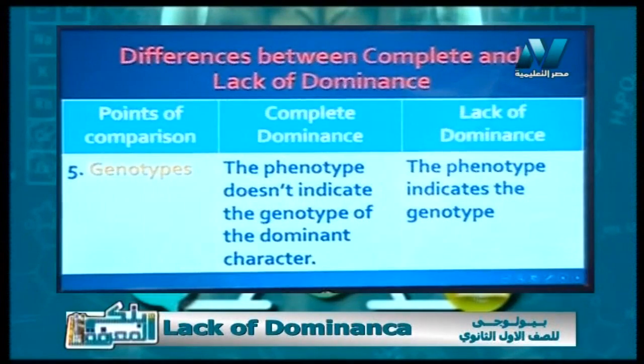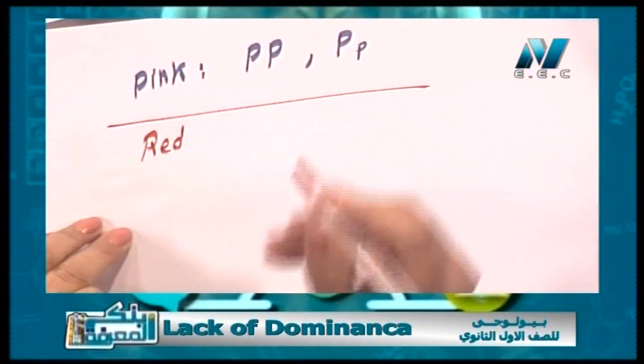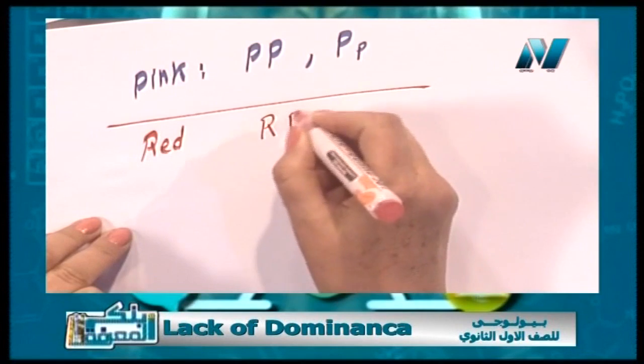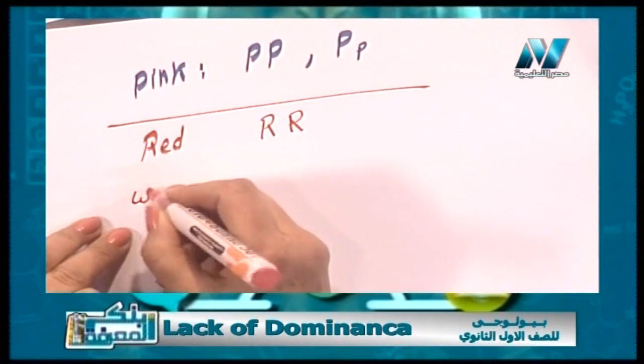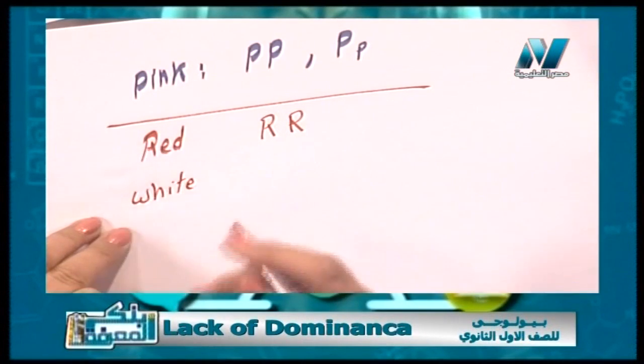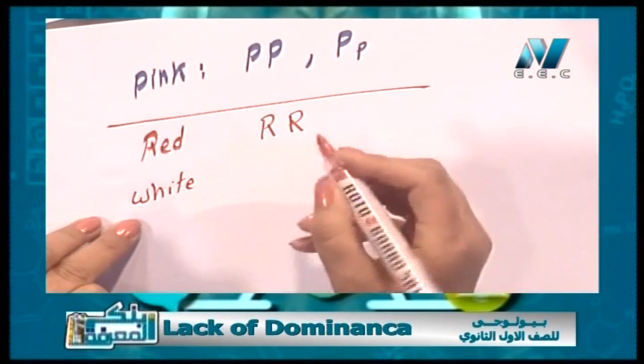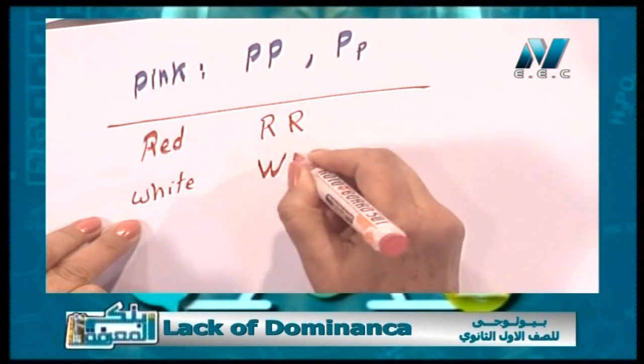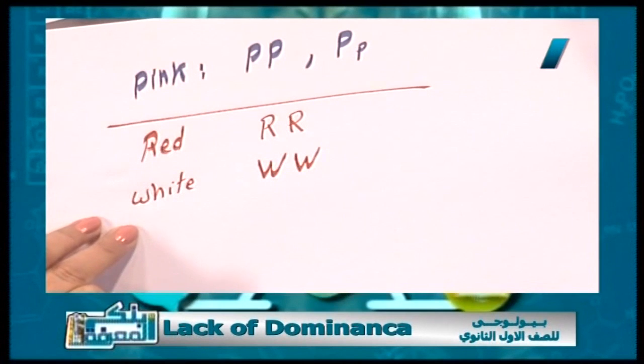But what about the lack of dominance? In case of the four o'clock plant, the phenotype indicates the genotype. This means that when we say the flower is red, it must be RR. When we see the flower and we find it white, it must be the genotype WW.